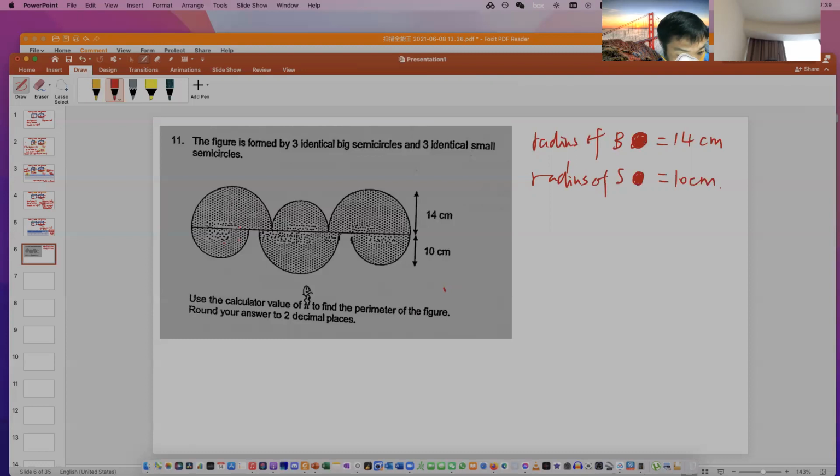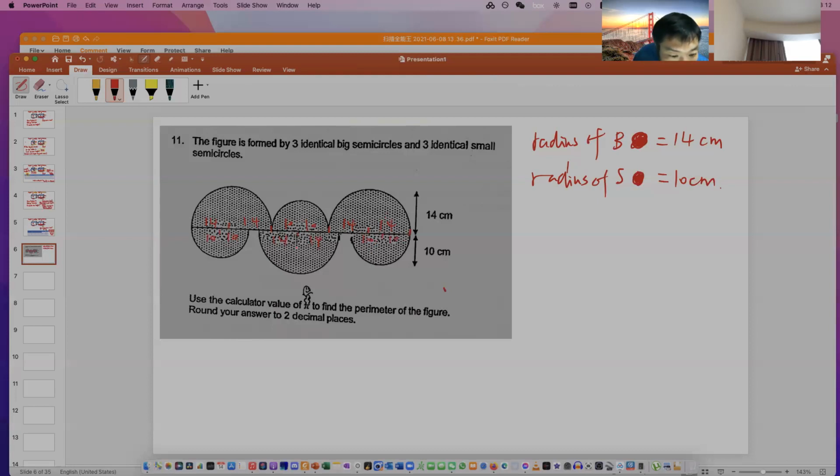Given this, what do you have here? You have 14, 14, 10, 10, 14, and then 14. And then here you have 10, 10, 14, 14, 10, 10.